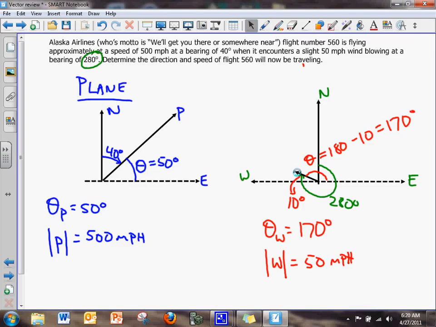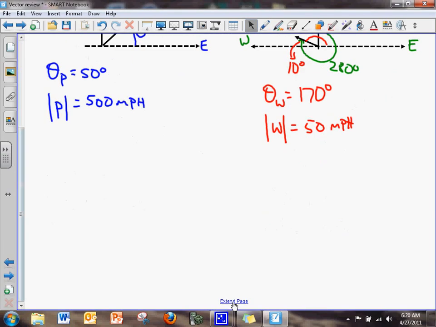All right, let's cruise through the rest of the problem. Now that we have the information, we are going to find the plane vector in component form. To make a long story short, you just always take the magnitude times cosine of the angle for the horizontal component, and then the magnitude times sine of the angle.